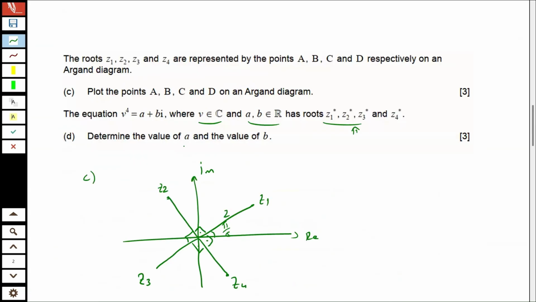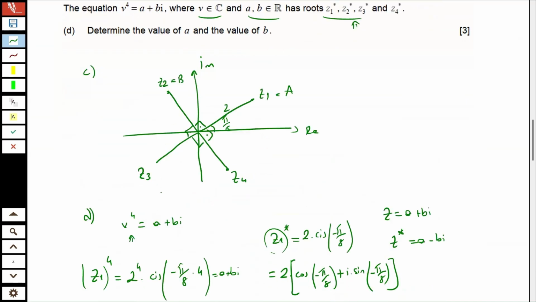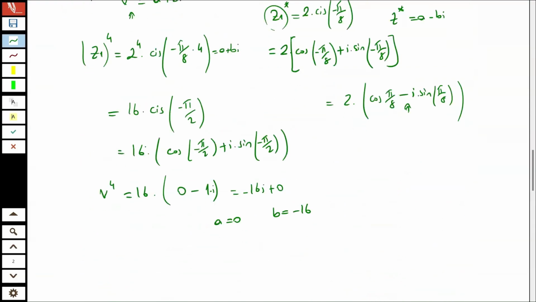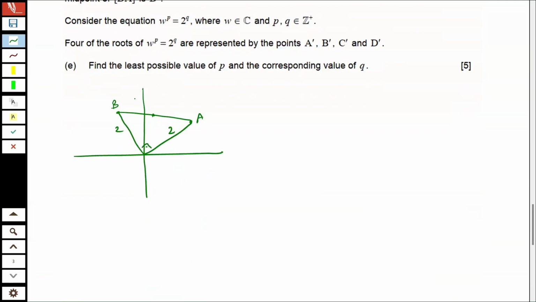Yeah, we plot the points A, B, C, D. We can write in here A, B, C, D. It's gonna be B. So I know that there is 90 degrees between these complex numbers, and we are looking for the midpoint of A and B, which we're gonna call A prime.